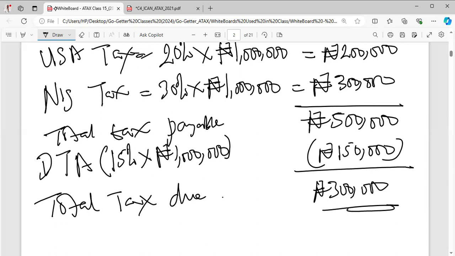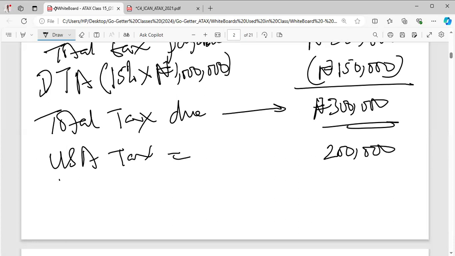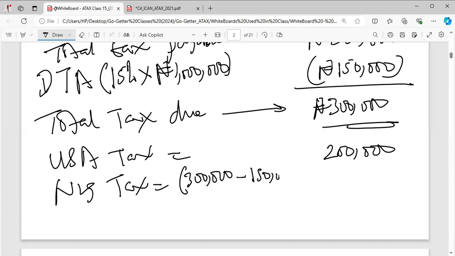Now, how is he paying this 300? It means US tax is 200. Nigeria tax is 300 minus 150, which is 150.